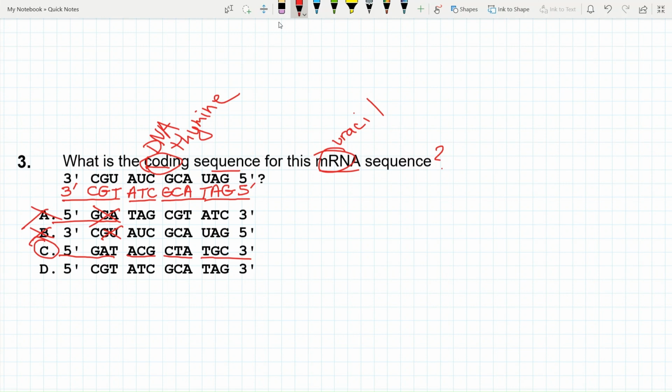And just to prove that these two are the same sequences, we can just go ahead and write it backwards. And the way that it looks, it would be 3 prime, so 3 next to a C, next to a G, next to a T. Then A next to a T, next to a C. Then G, C, A. Then T, A, G, and 5 prime.